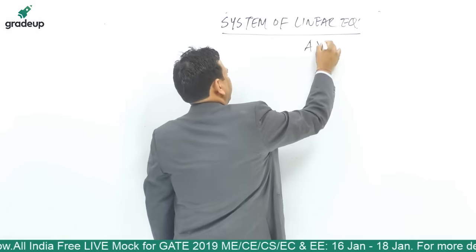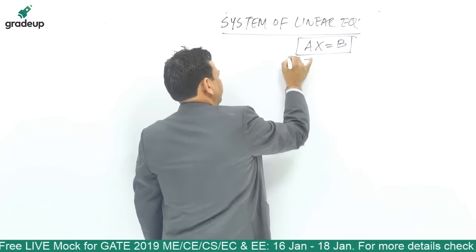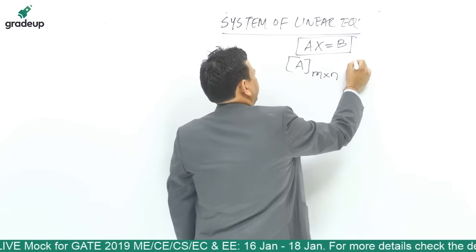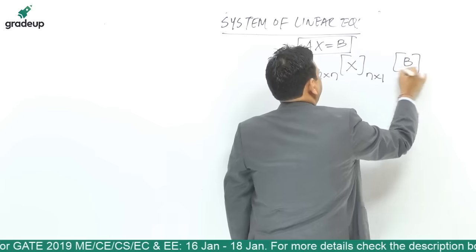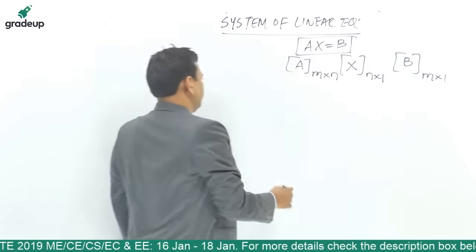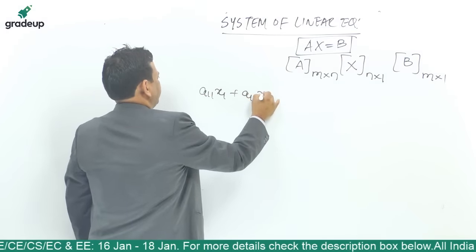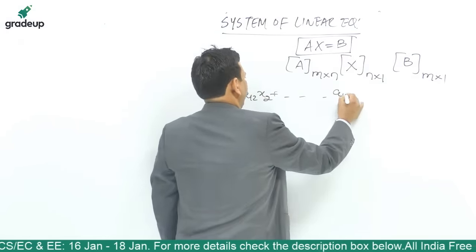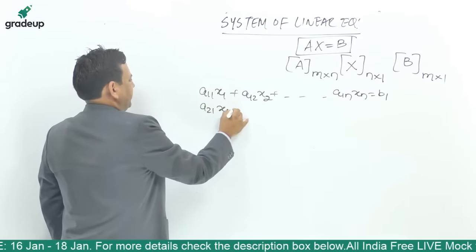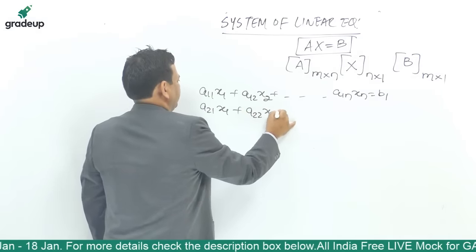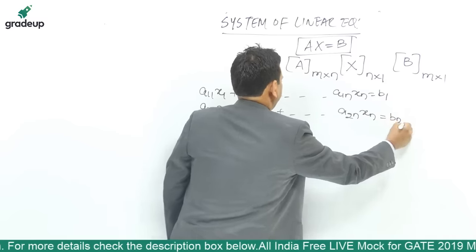Suppose you find this general form. A is a matrix of m cross n, x is a vector of n cross 1 and B is a vector of m cross 1. Generally the form is written as A11 x1 plus A12 x2 plus A1n xn is equal to B1. Second, A21 x1 plus A22 x2 plus A2n xn is equal to B2.